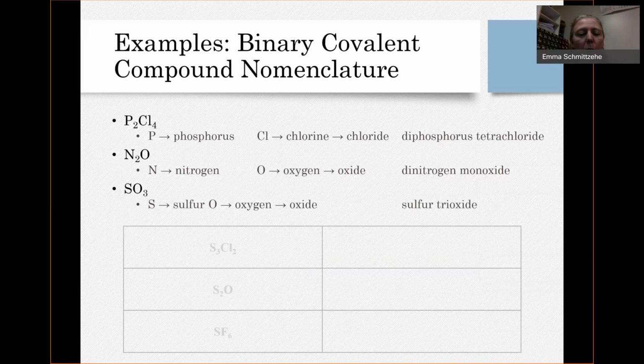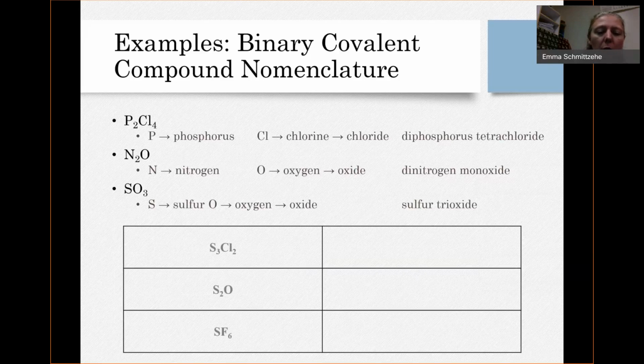I guess I've got a few more that I'll go through here. I've got S3Cl2, and so we've got sulfur, and we've got chlorine. Okay, sulfur and chlorine. And with that, I've got 3 sulfurs, and so 3 is going to be tri, right?